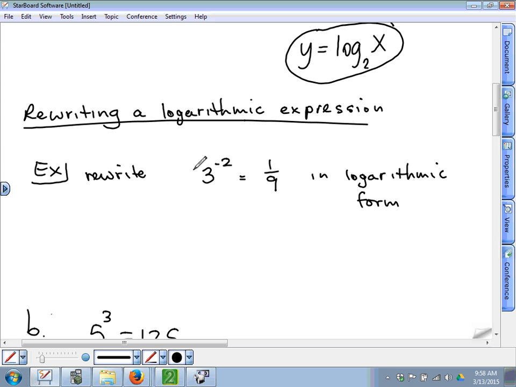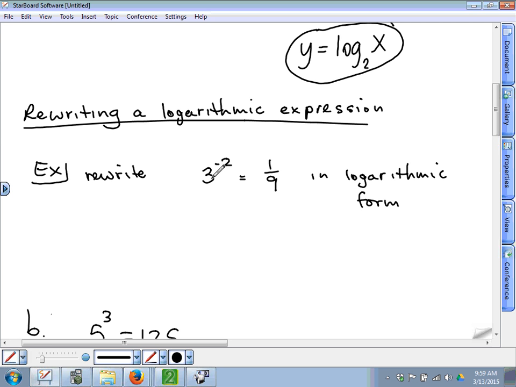But the task here is to rewrite this into logarithmic form. Logarithmic form has no exponents. Okay? If you're writing this in logarithmic form, it can have no exponents. So right now the problem is this exponent.